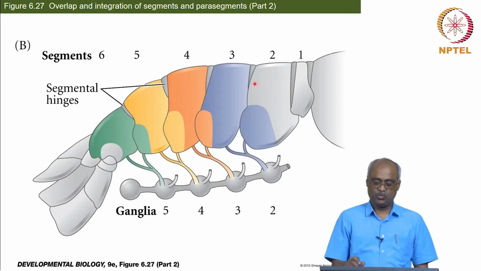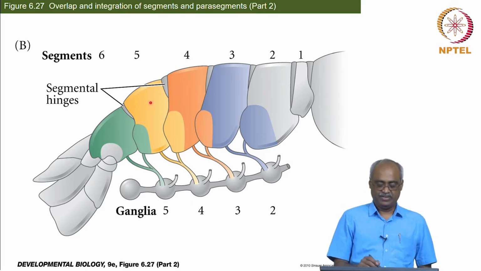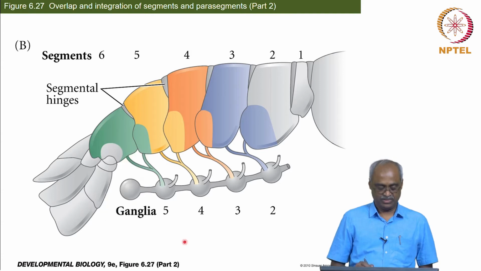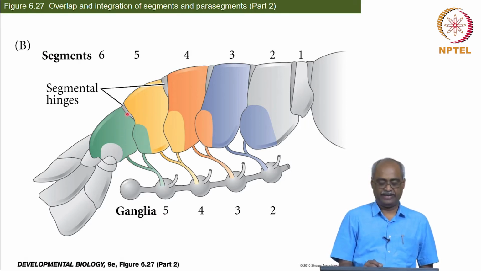For example, to coordinate the different segments, the hinges of the segments, to make movements happen, if you look at the ganglia, the neurons from them go to two adjacent segments. For example, in this case, the posterior of this segment and the anterior of the next one are innervated by the same neurons to coordinate movement at these hinges.